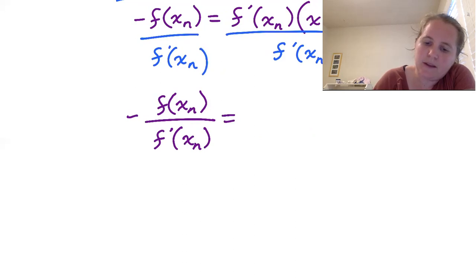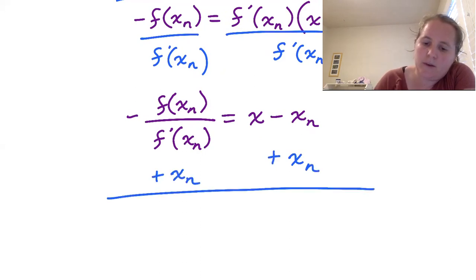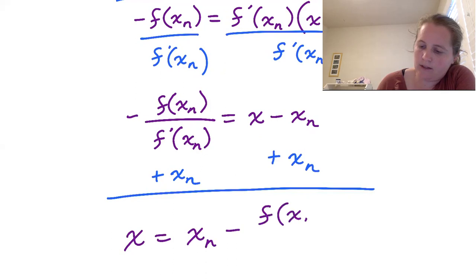If we add x sub n to both sides, we get that x is equal to x sub n minus f of x sub n divided by f prime of x sub n.